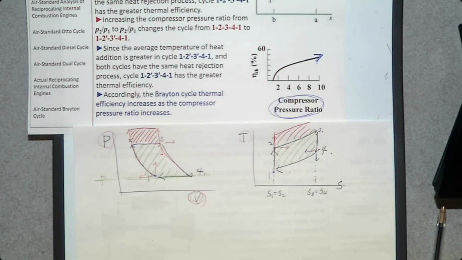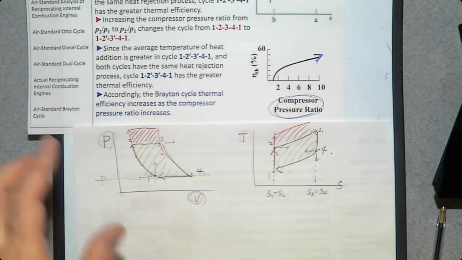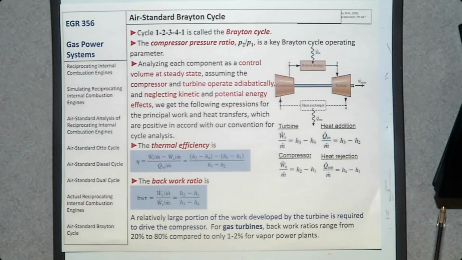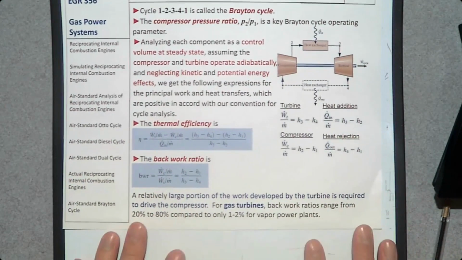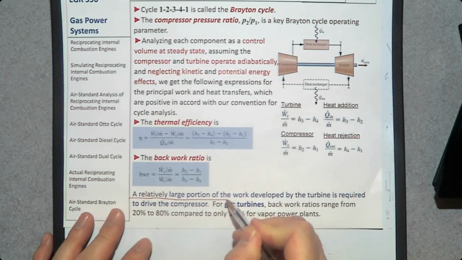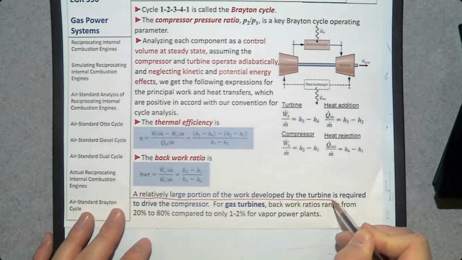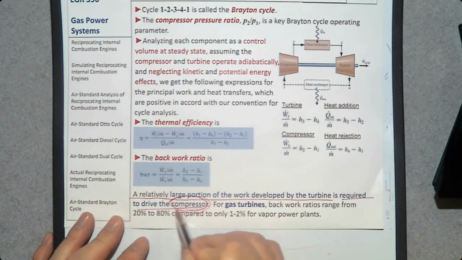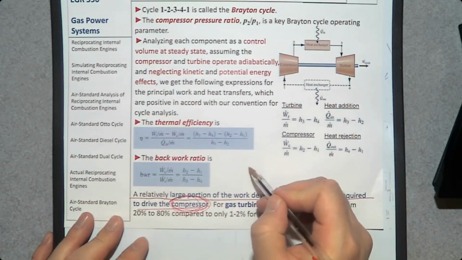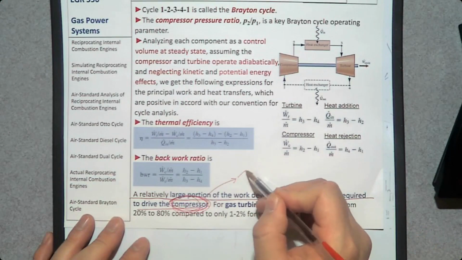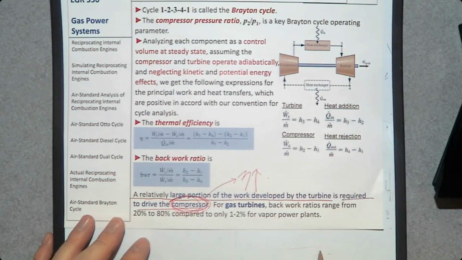So the downside of this thermal efficiency is greater back work ratio. So a relatively large portion of the work developed by this turbine is required to drive the compressor, because we want to improve the compression ratio to gain higher thermal efficiency.